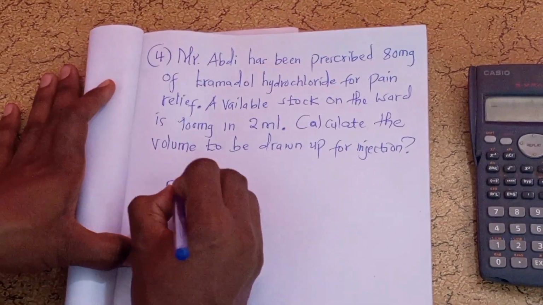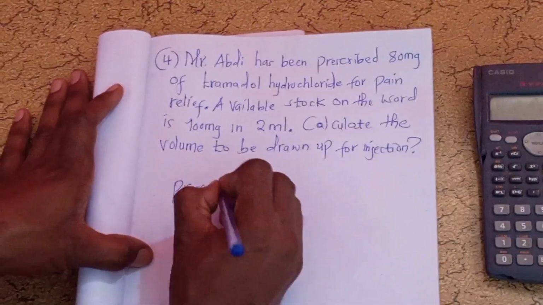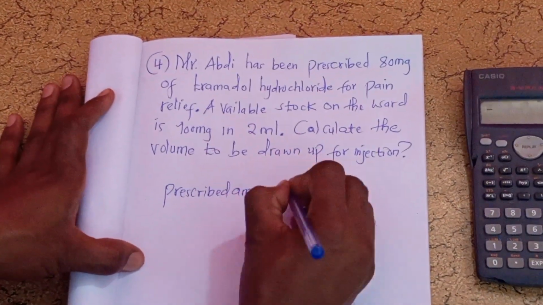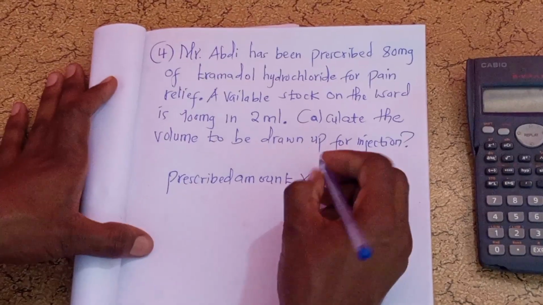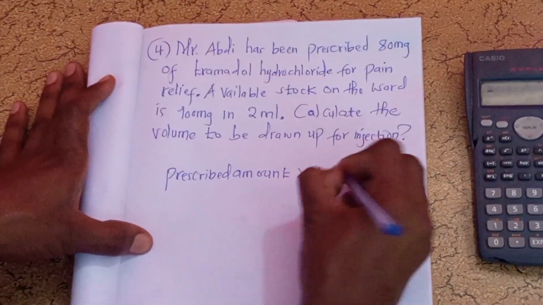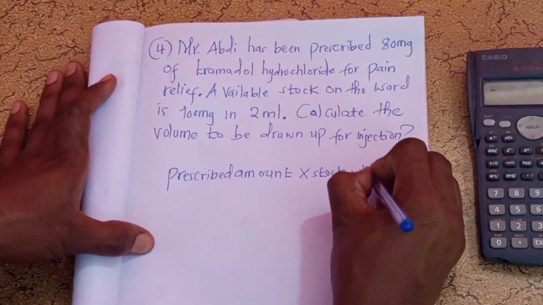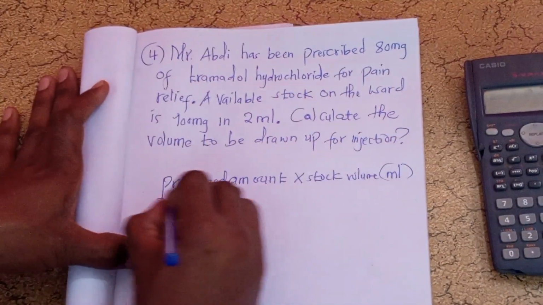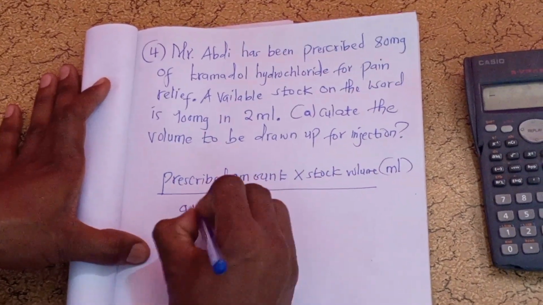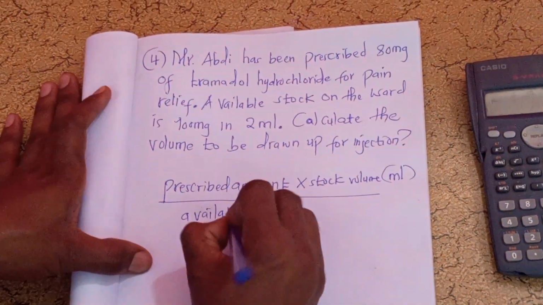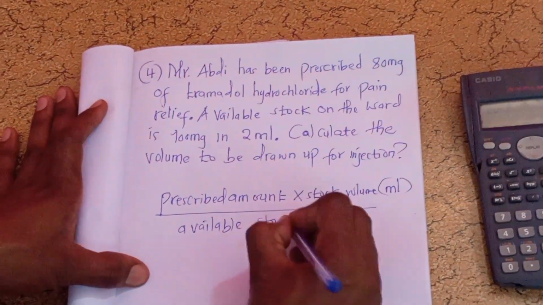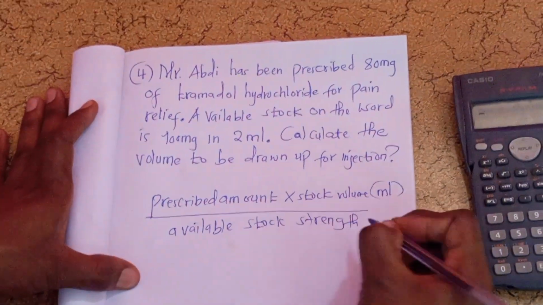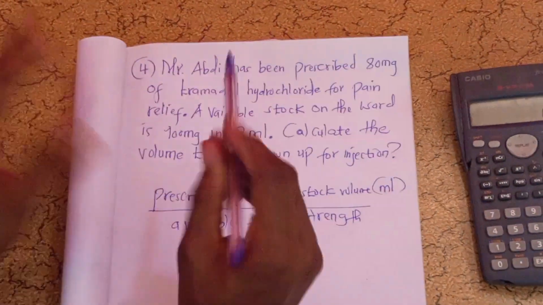Our formula was prescribed amount multiplied by stock volume, which is in ml, divided by available stock strength.